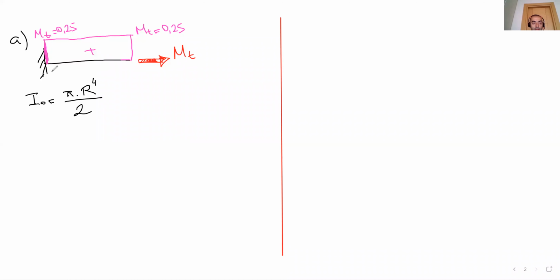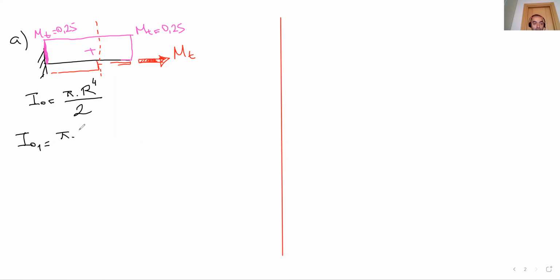We have a large section here and a smaller section. For each part, we are going to calculate this I0. I01, let's say, for the solid section, the diameter is 10 centimeters, so radius is 5 centimeters.